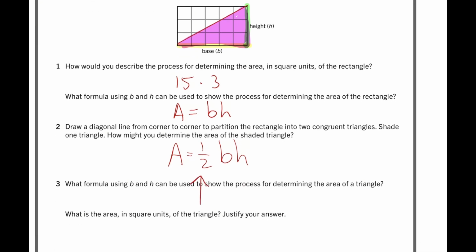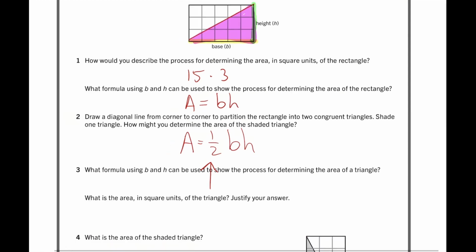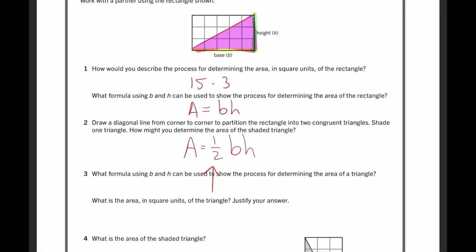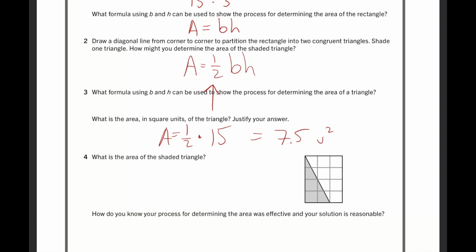And so what formula can be used? That formula right there. And what is the area of the triangle? Well, that's going to be half of 15. So area equals 1/2 of, so multiplication, 15. And so my area is going to be equal to 7 1/2 units squared, or square units.